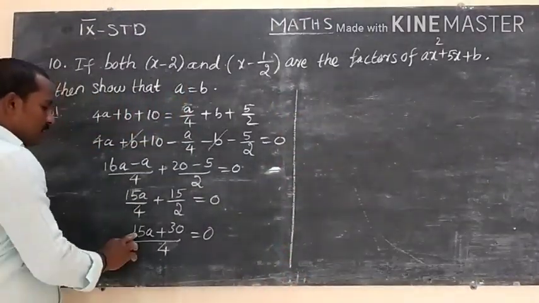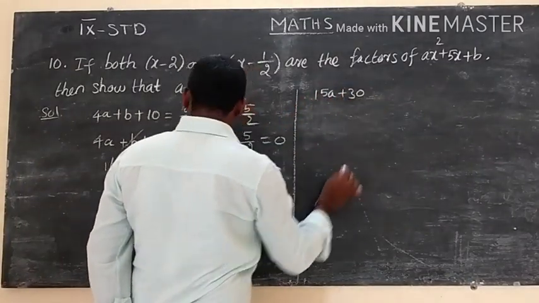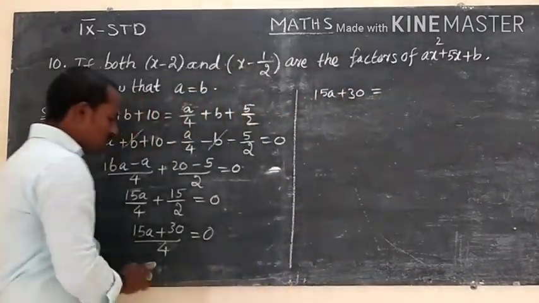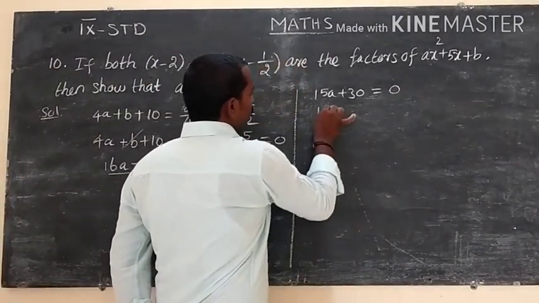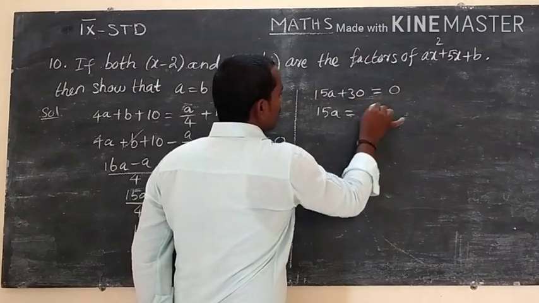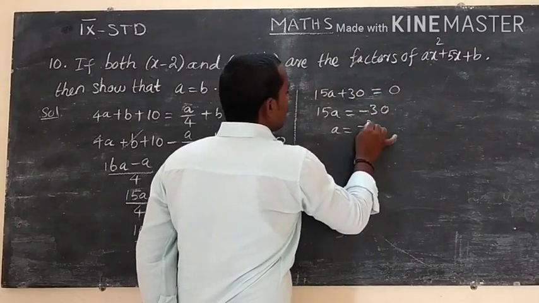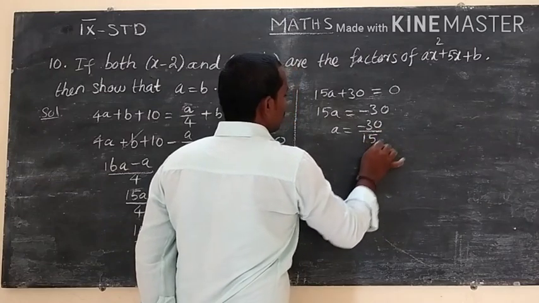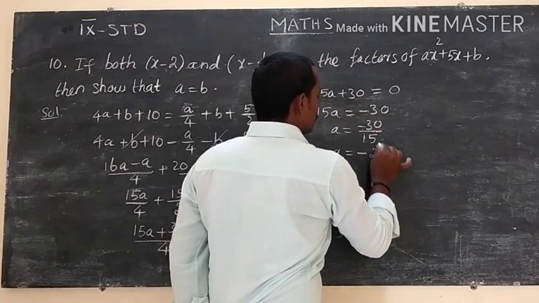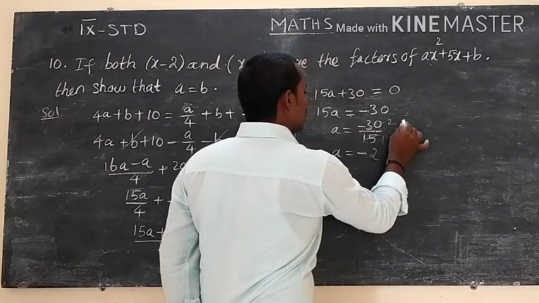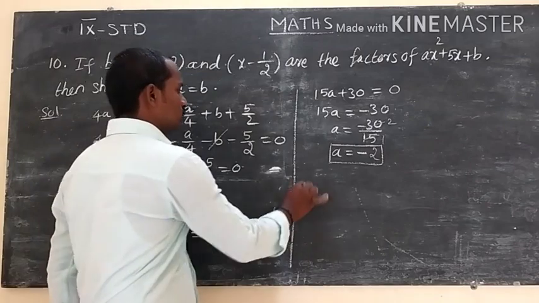Then 15a plus 30 equal to, using cross multiplication, 4 into 0 is 0. Then 15a equal to minus 30. Then a is equal to minus 30 divided by 15, and a is equal to minus 2, because 1 fifteen is 15, 2 fifteens are 30. A is equal to minus 2.